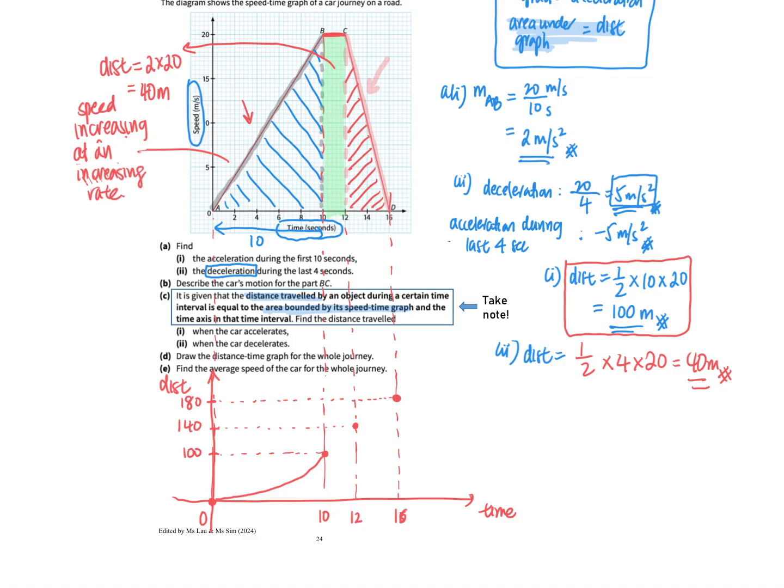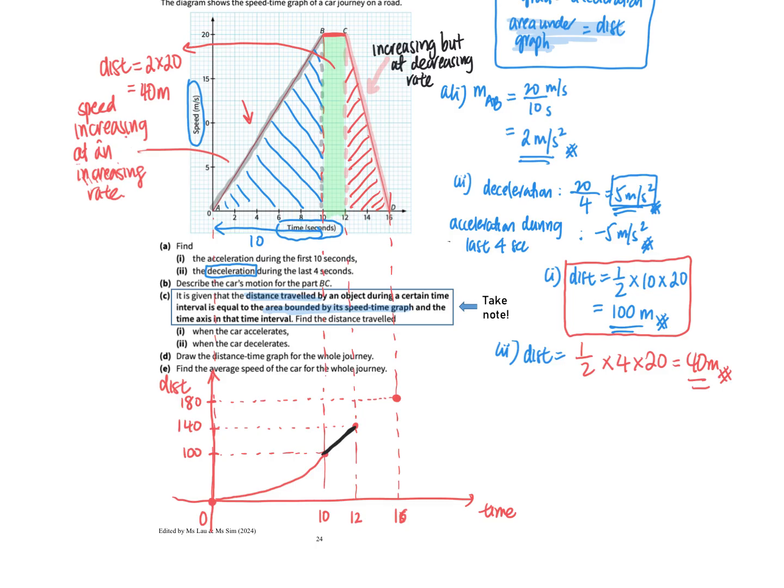Okay, then this portion here is where it's increasing uniformly. So that's why it's a horizontal line. Then last part, it is decreasing. So it is increasing but at a decreasing rate. That's why we say that it's decelerating, right? So although the speed is increasing, it's increasing at a decreasing rate.